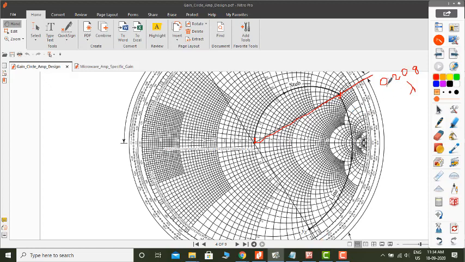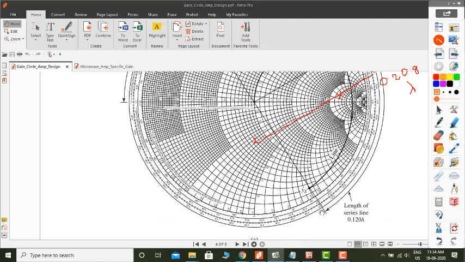Now you measure from this point to the extended line. This axis is about 0.33 lambda. Now you measure the distance between these two points.